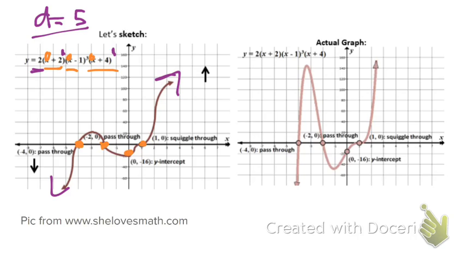Now we're just going to connect the dots, but also keeping in mind the behavior around the zeros. Since x plus 2 had a multiplicity of 1, there's going to be normal behavior right there. Since x minus 1 had a multiplicity of 3, it's going to flatten out over there. And since x plus 4 had a multiplicity of 1, it's going to go straight through there. So if we connect the dots, that would be a good sketch of our graph.